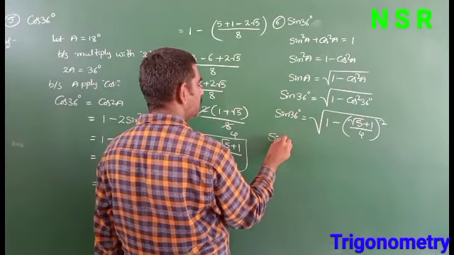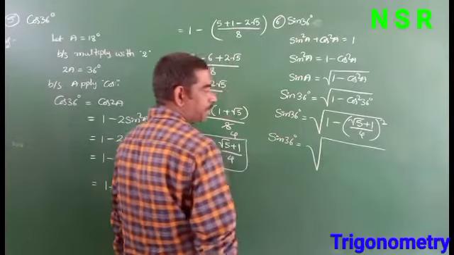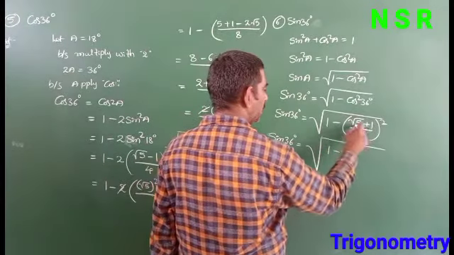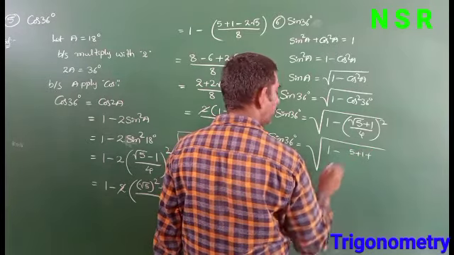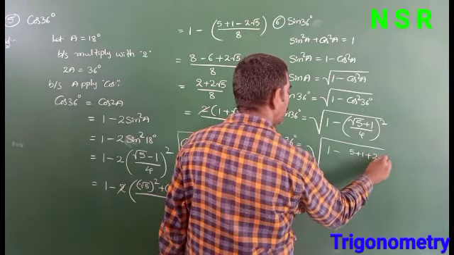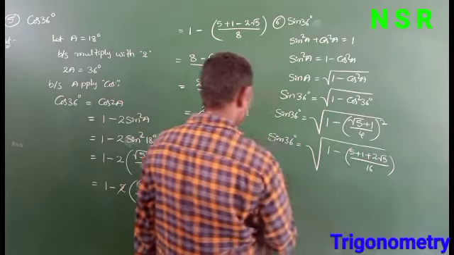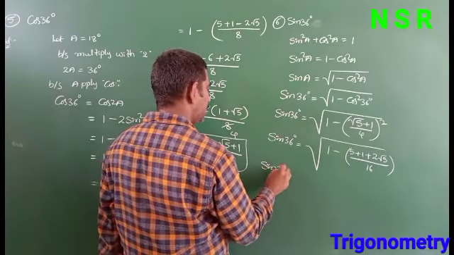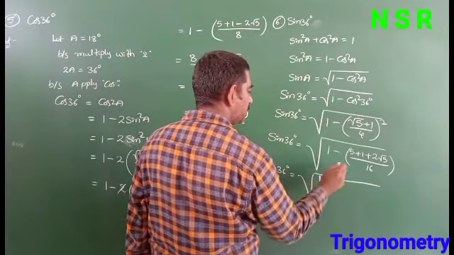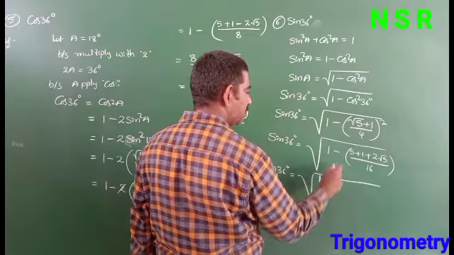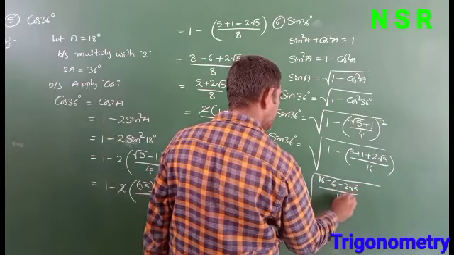So square root of 1 minus (root 5 plus 1 by 4) whole square. So sin 36 equal to square root of 1 minus, here apply (a plus b) whole square, root 5 square 5 plus 1 square 1 plus 2 into root 5 into 1, 2 root 5 by 4 square 16. So sin 36 equal to, 16 multiply here, 16 minus 5 plus 1 is 6, minus into plus minus 2 root 5 by 16.